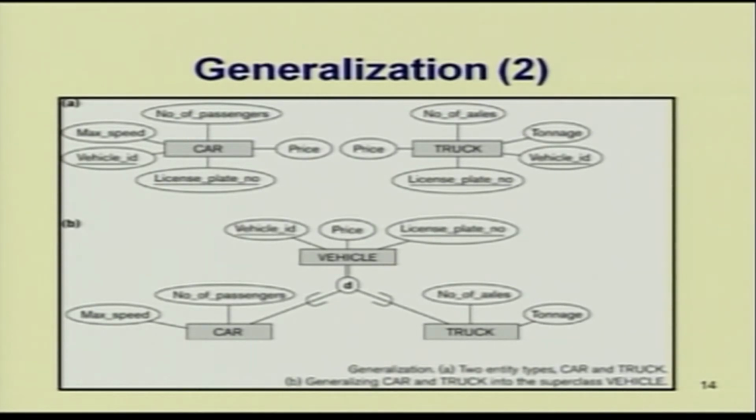The subclass, please note, need not have, most probably will not have, depending on the application, the primary attribute. Attached to this you have the maximum speed and the number of passengers, which are special to car, and here you have number of axles and tonnage, which are special to the truck.